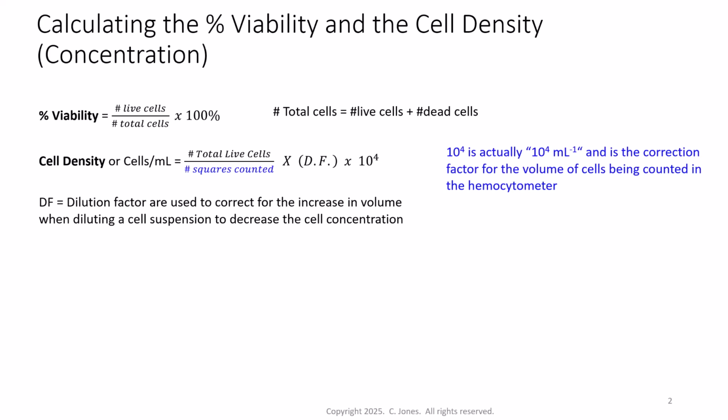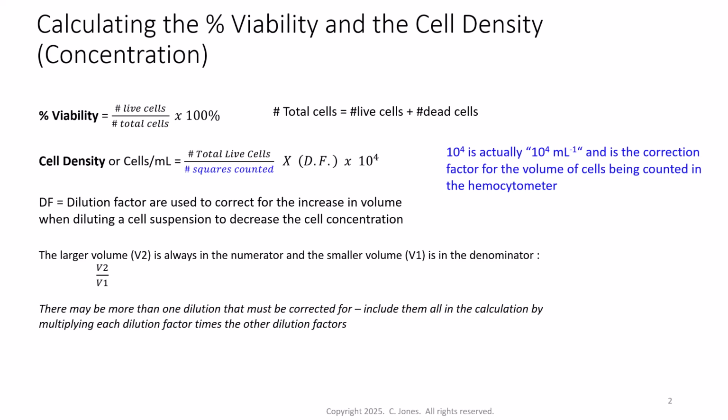So we need to get back to the original concentration before dilution. So to make that correction, the larger volume, V2, is always in the numerator, and the smaller volume is always in the denominator. So dilution factors are the final volume over the initial volume, or V2 over V1.